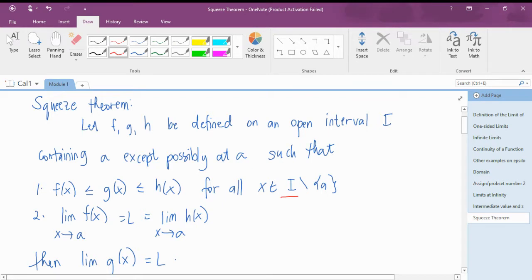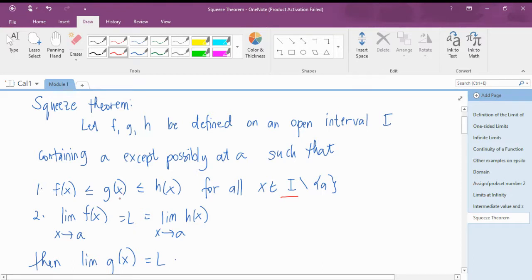Okay. So, in this case, we ignore what happens at A, because what we consider in this theorem are the limits as x approaches A. So, what does this first condition mean? Geometrically, f of x is below g of x because algebraically the values of f of x are less than or equal to g of x.